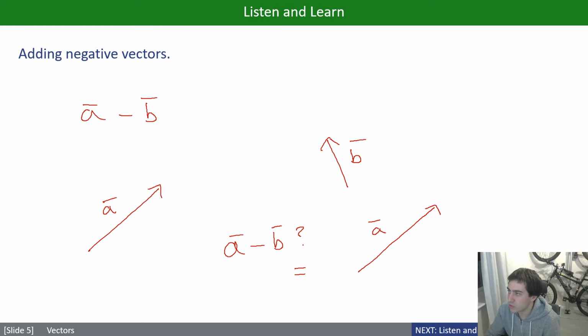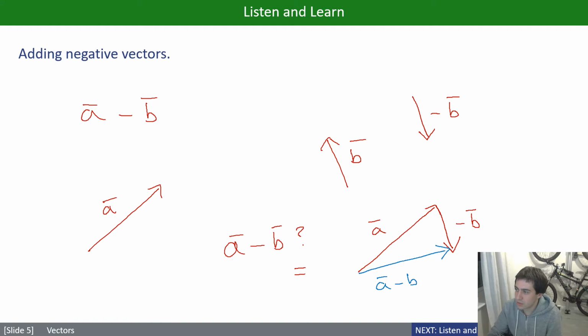So let's just do it up here. That's the negative of b, and now we're going to add that to the end of my a over here. So roughly speaking, there's my negative b. And therefore my resultant going all the way from the start to the end is what I'm interested in. That's my a minus b. Okay, hopefully that makes sense.